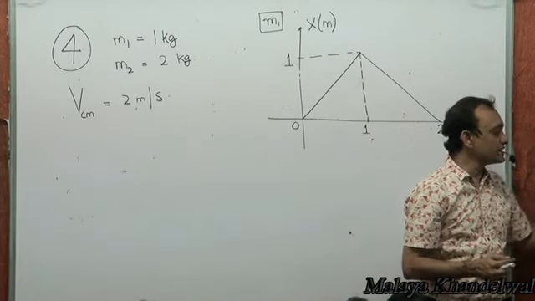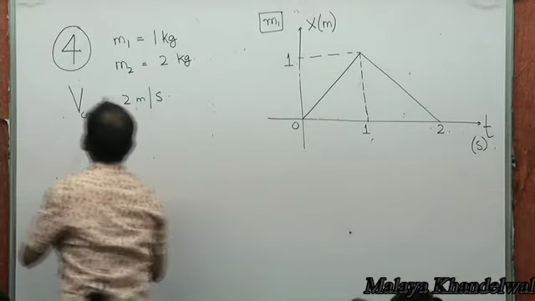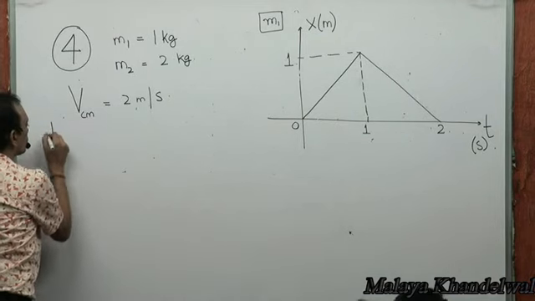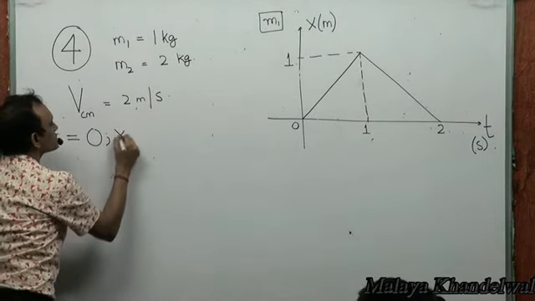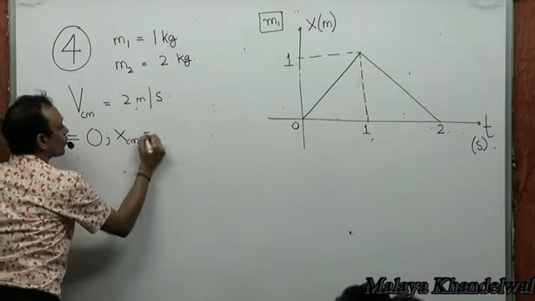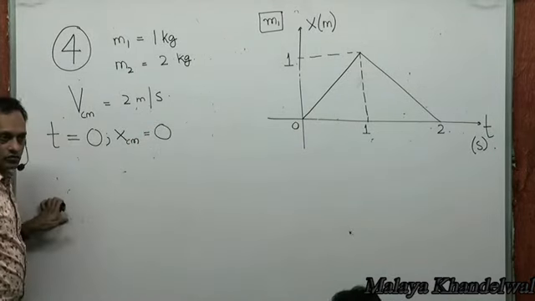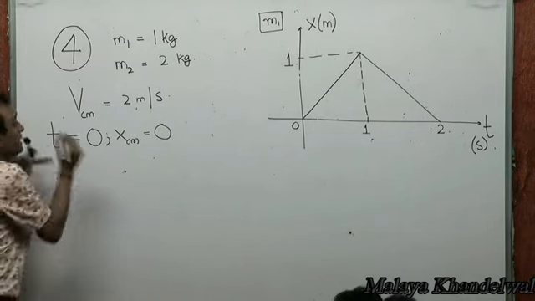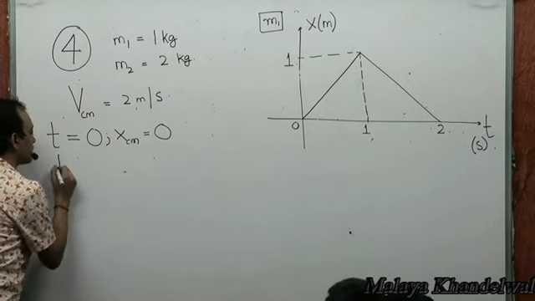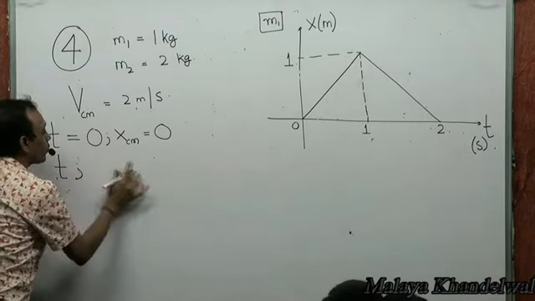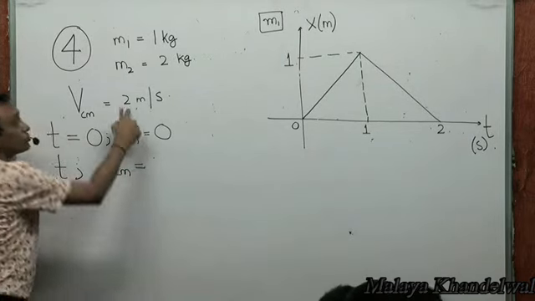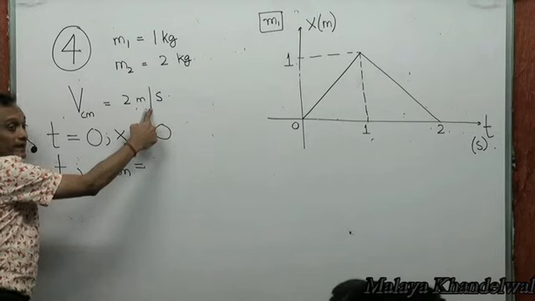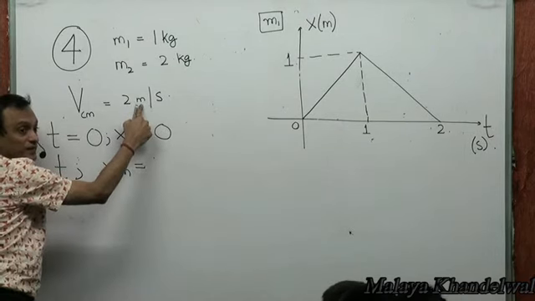Now t seconds later, at t equal to 0, what is the x coordinate of the center of mass? 0, right? Located at the origin. T seconds later, that means at an instant of time t, what is the x coordinate of the center of mass? 2 into t, because it's moving along the x-axis with a velocity of 2 meters per second.